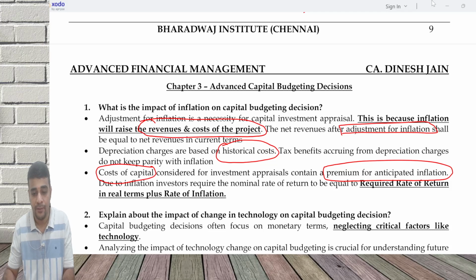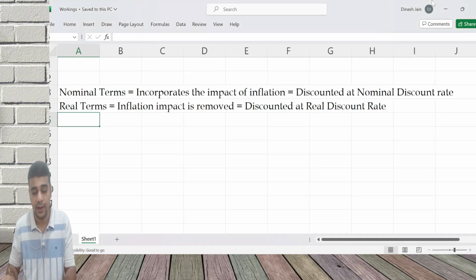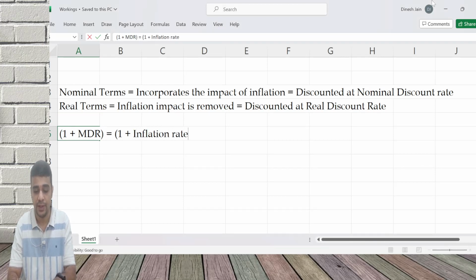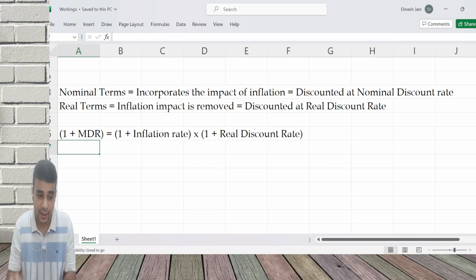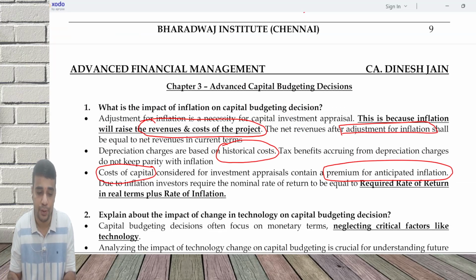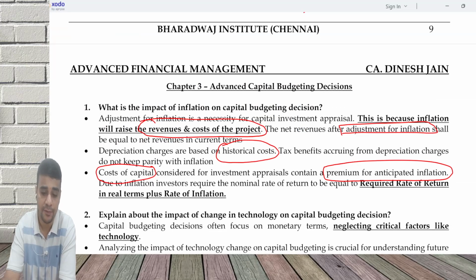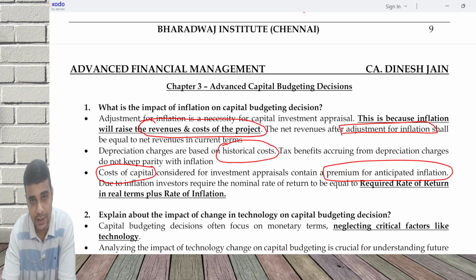In fact, we had a formula, which you would have learnt in the theory part: 1 plus money discount rate is equal to 1 plus inflation rate into 1 plus real discount rate. So we'll have to consider the impact of inflation in the discount rate computation. So that's the impact of inflation on capital budgeting decision.